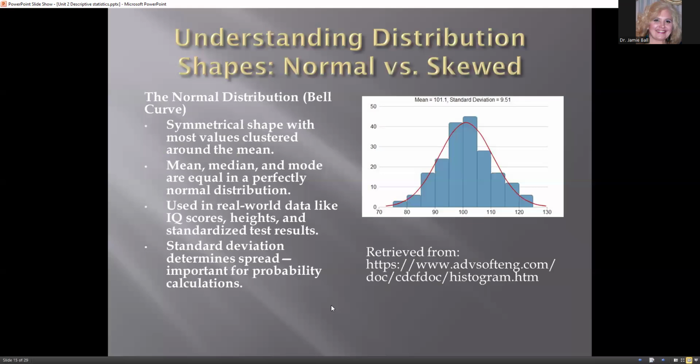They're the same number. And we use these in real world scenarios like understanding IQ scores. When we talk about the population of the United States, we would expect to see a bell curve. It can also tell us the heights and the standardized test results. It just helps us in applicability.